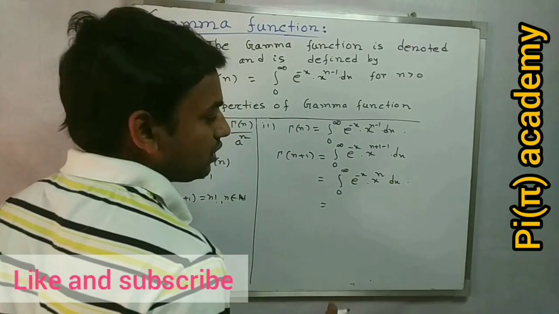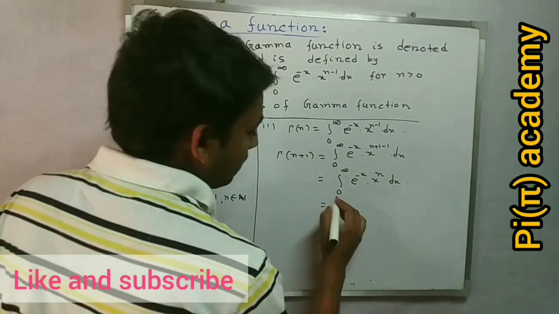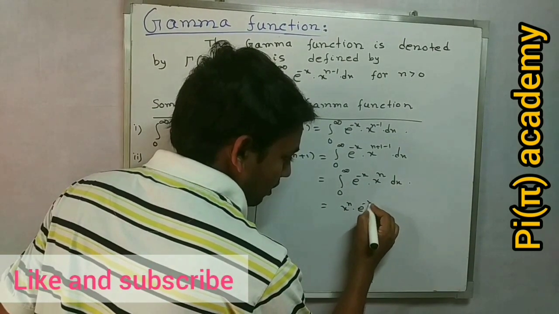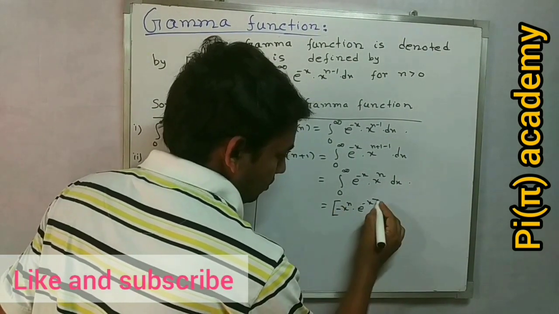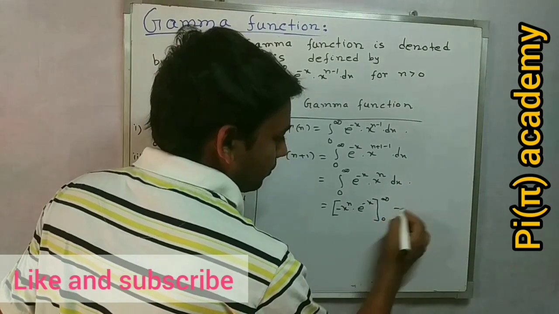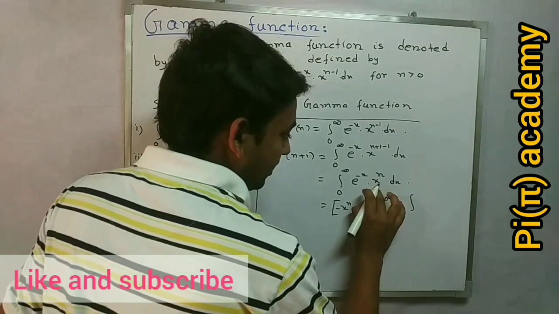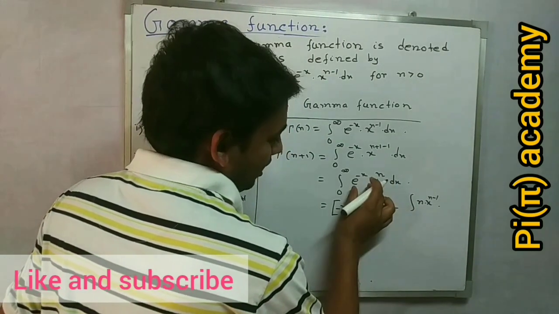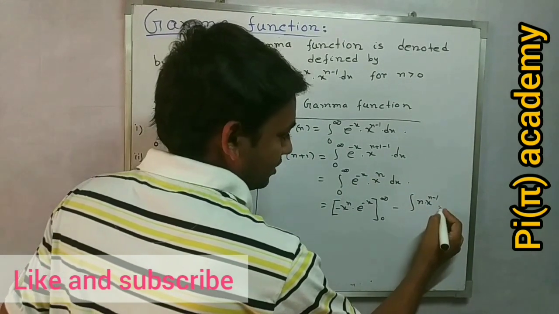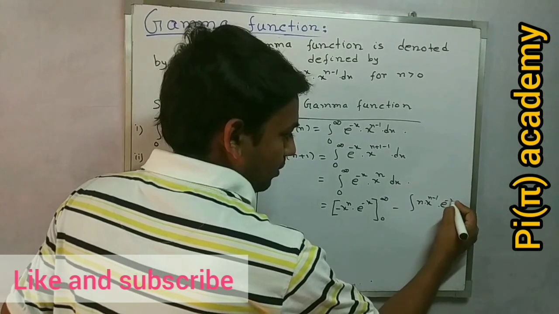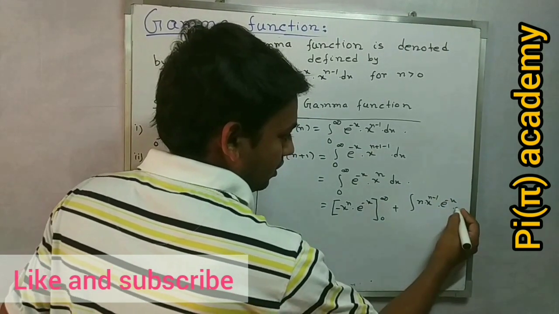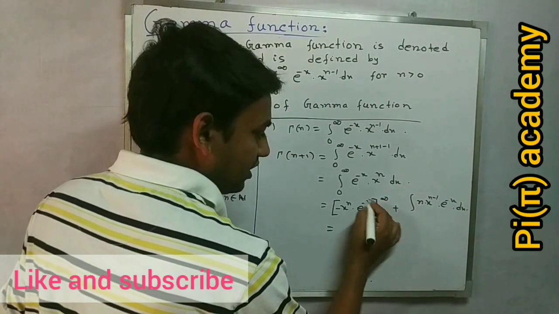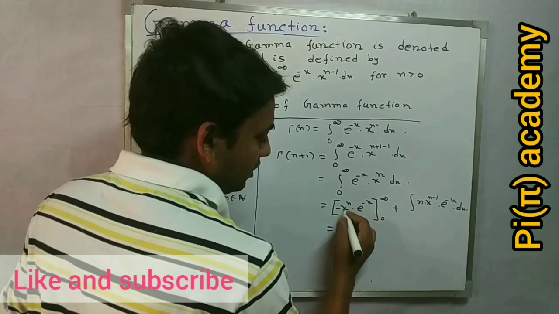Now I use integration by parts. Therefore, x to the power n into e to the power minus x, from 0 to infinity, minus the integral of the derivative of x to the power n, that is n x to the power n minus 1, and the integration of e to the power minus x, that is minus e to the power minus x, so this becomes plus, into dx. This implies e to the power minus infinity is 0, and if we put 0 then it is also 0.